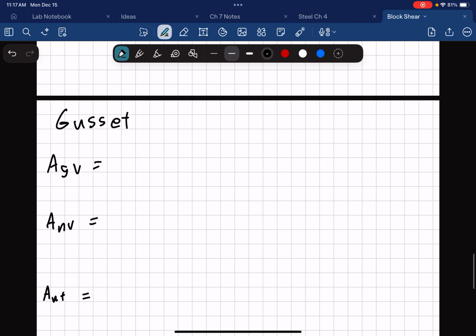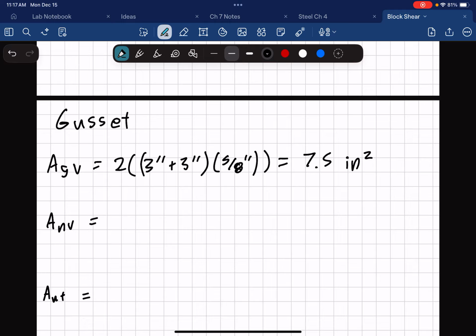So our gross area of shear is going to be equal to, once again, 2 times 6 inches of connection, because it was 3 inches and 3 inches. I'll write it as 3 inches plus 3 inches times a 5/8 plate. That will give you 2 times 6 times 5/8, which gives you 7.5 inches squared of gross area.